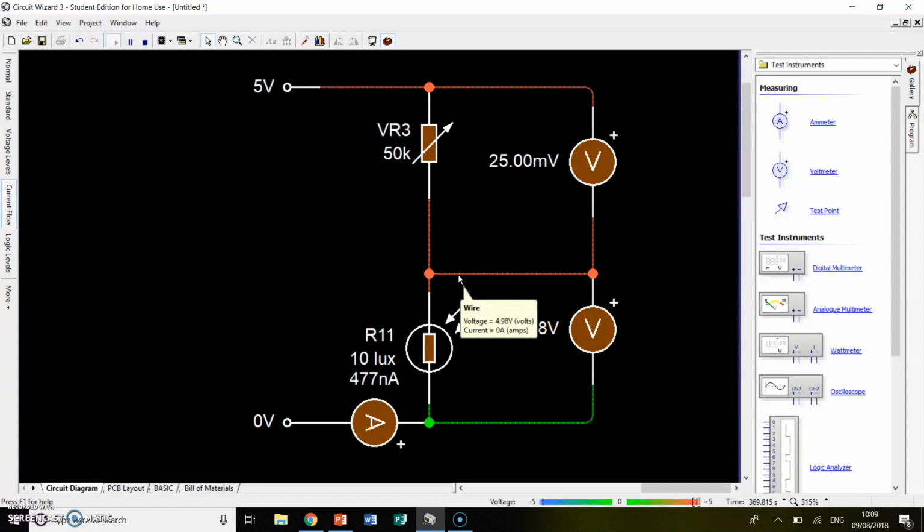So a potential divider is made up of two or more resistors which are connected in series between the positive and the negative rail. The total voltage in the circuit is divided across the two resistors, and the voltage across the bottom resistor is used as a voltage signal to trigger other components within the circuit.